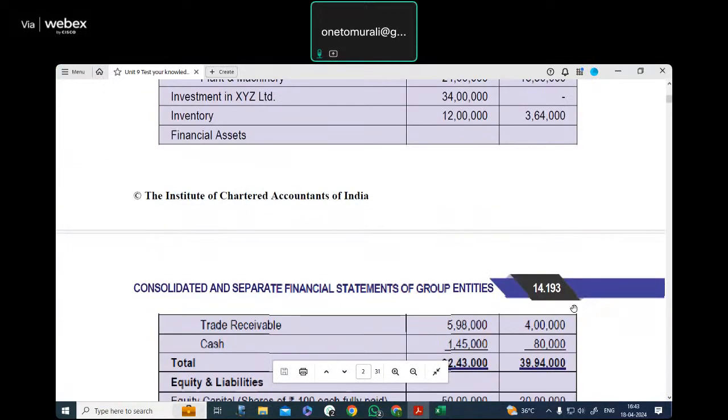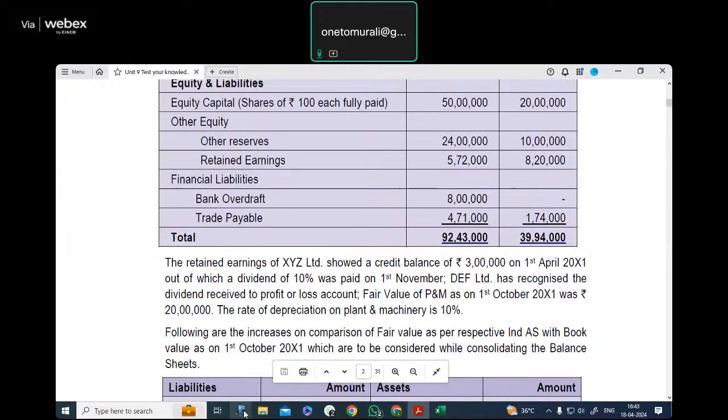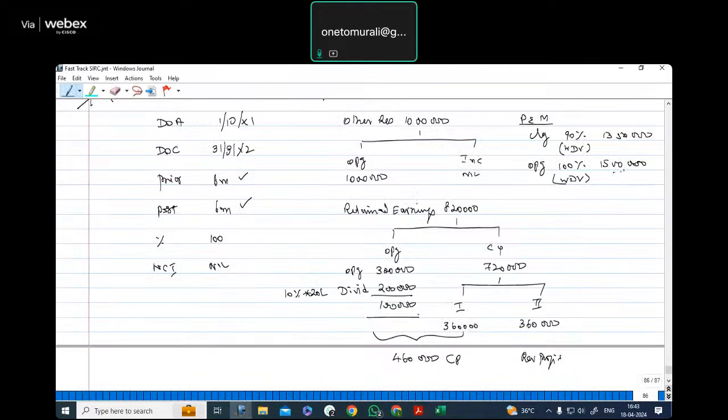Because depreciation they have charged at the rate of 10%. If the opening were 15 lakhs, by deducting 150,000, your closing balance would have been 1350. What is the estimated book value on 1st of October? It is going to be 15 lakhs minus half of the current year's depreciation, half of 150,000, which is 75,000.